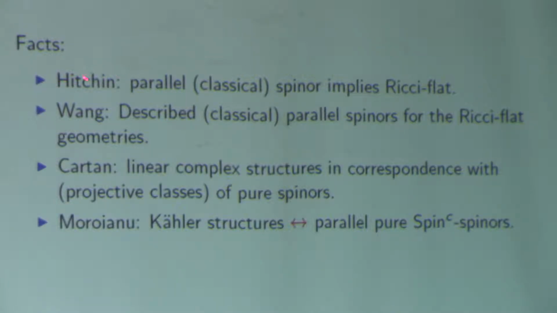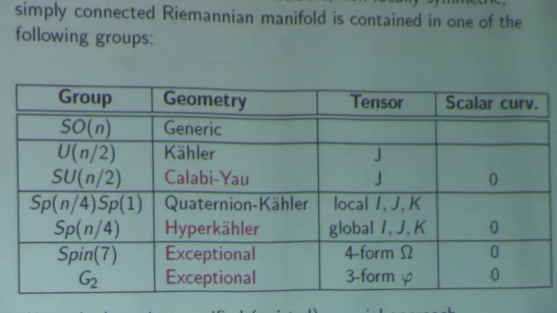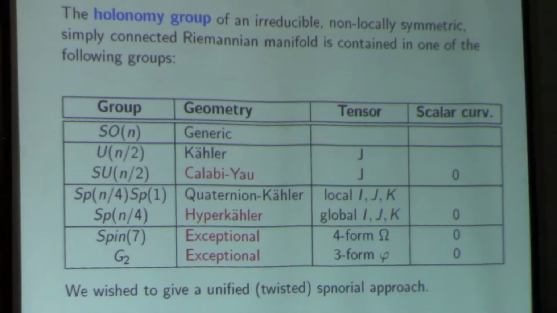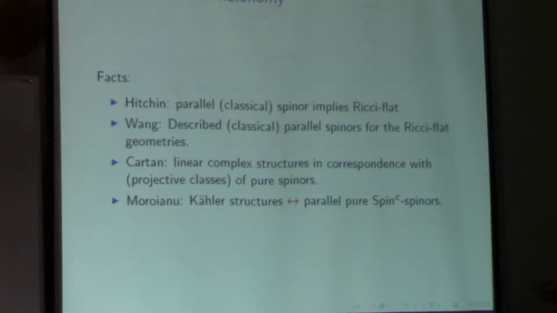Hitchin, later on in his thesis, proved that if there were parallel spinors on a manifold, that manifold had to be Ricci flat. McKenzie Wang did the study of all those Ricci flat manifolds. Ricci flat is, well, like the ones we have here with zero scalar curvature. So he studied those cases and actually gave a description of such spinors and the forms associated to the geometry.